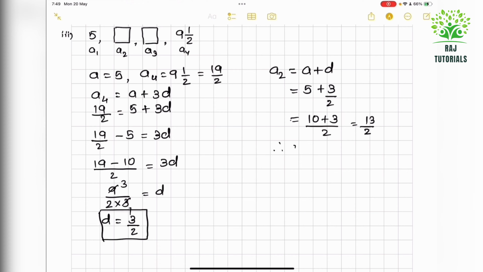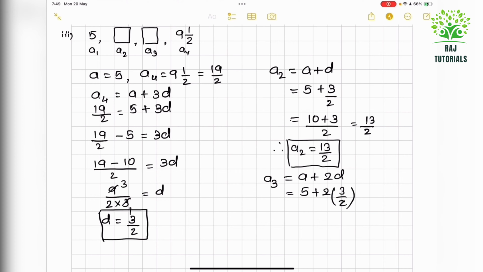So therefore A2 equal to 13 by 2, and A3 will be a plus 2d, 5 plus 2 into 3 by 2. The 2s cancel. So 5 plus 3, A3 will be 8.